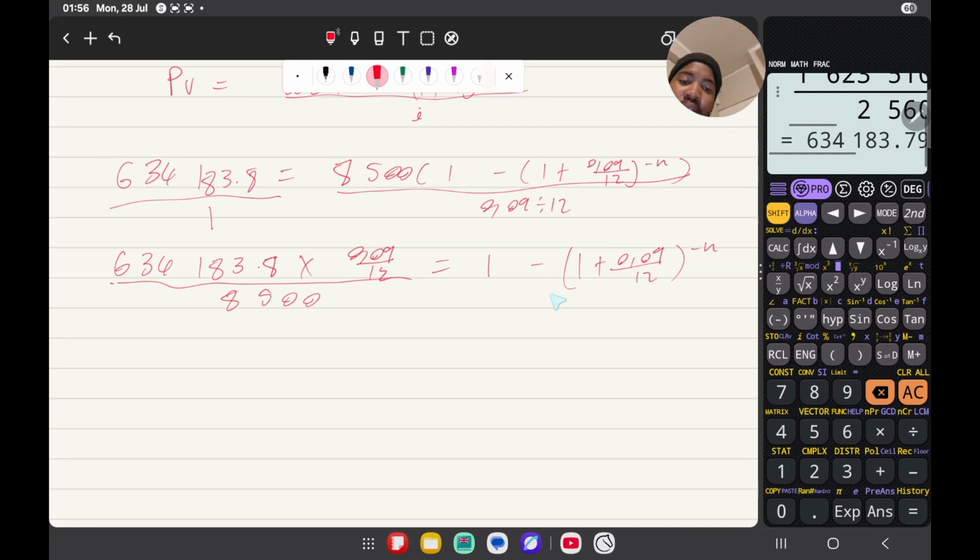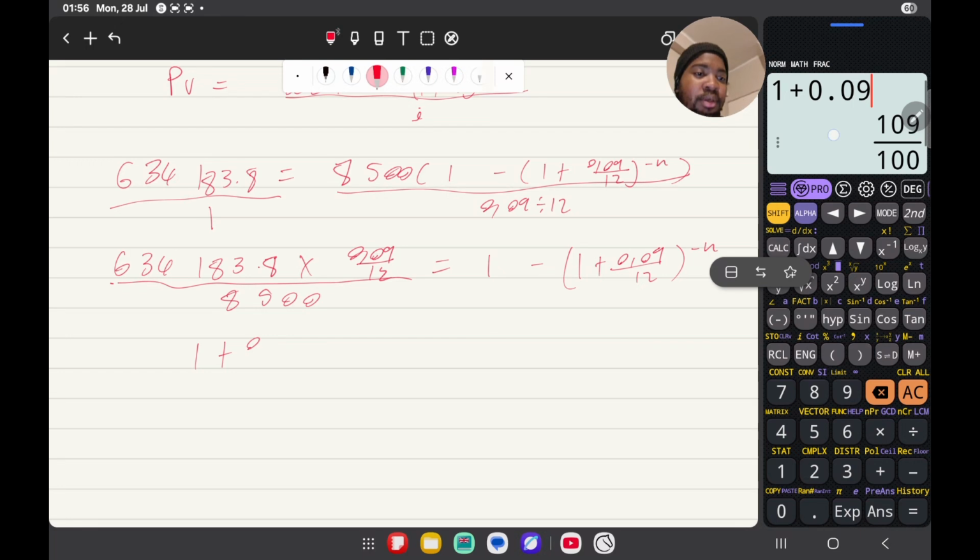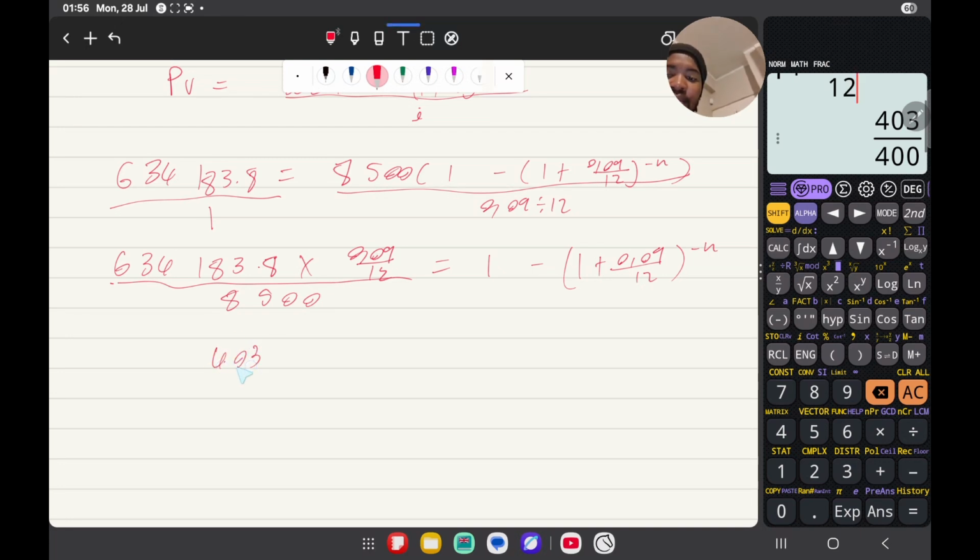In a way, 1 plus 0.09 over 12 is not a big number, so I'll just say 403 over 400 to the power of minus n is going to be equal to 1 minus all of this. I'm going to put it in a calculator and see how much I get.